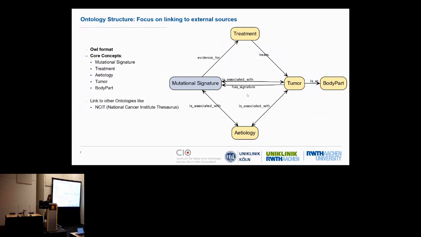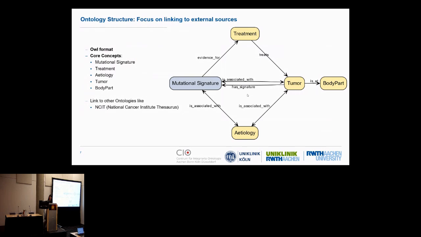The ontology is written in the YAML format, and the core concepts that are represented are given in the graph that you can see here. Of course, the concept of mutational signatures is at the core, but also mutational signatures are conceptualized as evidence for particular treatment, and treatments are, of course, related to tumors and cancers.